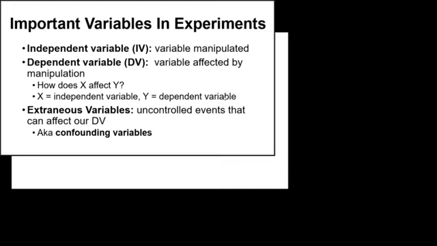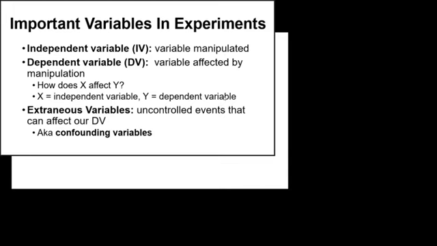So we manipulate our independent variable, and whatever that new level is should cause a corresponding change in the dependent variable. So the value of our dependent variable depends on the level of the independent variable. So we can talk about how does our independent variable affect our dependent variable, or how is the dependent variable affected by the independent variable.